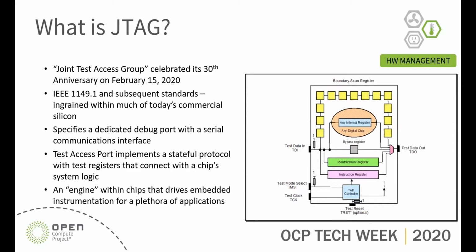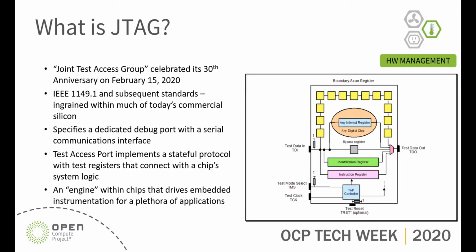The specification created a dedicated debug port, a serial interface with 5 pins on each device. As you see in the diagram on the periphery of the device: test data in, test data out, TDI, TDO, TMS, TCK, and the optional TRST signal. We also have a state machine within each device, and registers walk their way through the JTAG state machine.